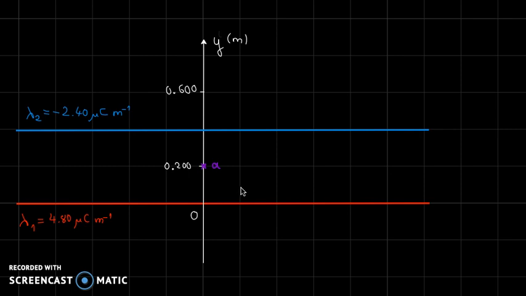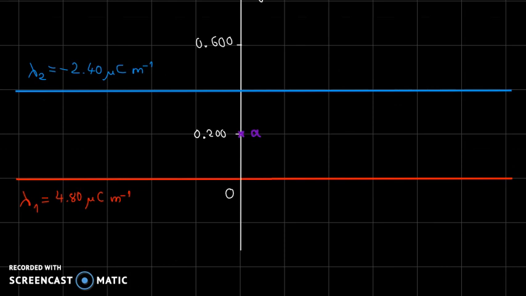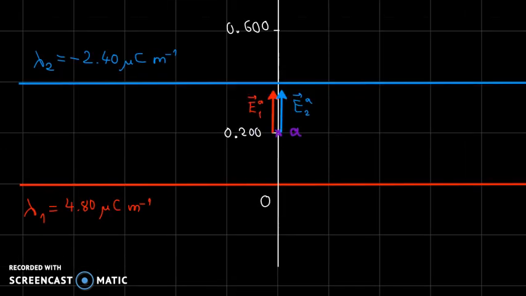So first, let's figure out what the direction will be for each electric field due to each line of charge. Now the positive charge distribution, which I call lambda 1, will create an electric field away from itself since it's positive charge. So the electric field at point A will point up.